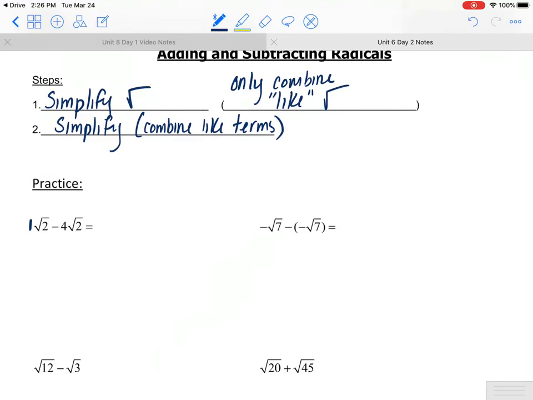So when we combine, I'm going to say, okay, 1 minus 4 gets me a negative 3. And then you only combine your radicals if they're the same. You can kind of treat them like a variable, and when you're adding them, you just bring over your radicals. So your final answer is negative 3 radical 2.